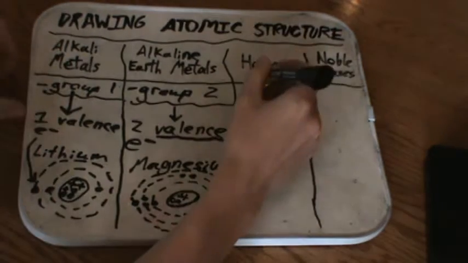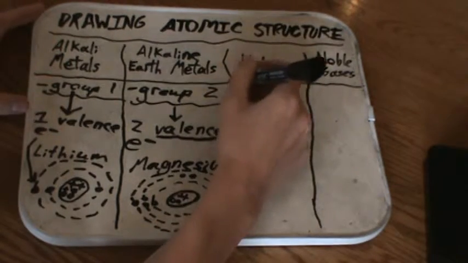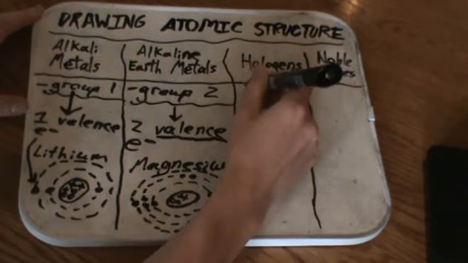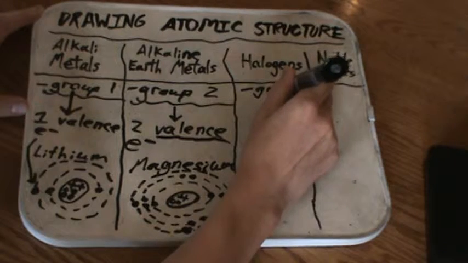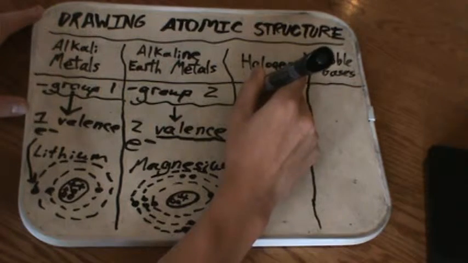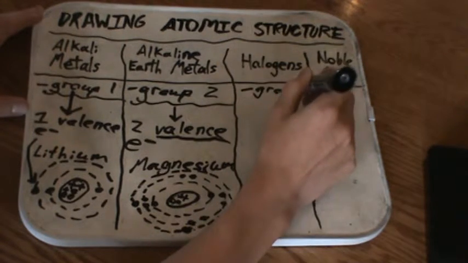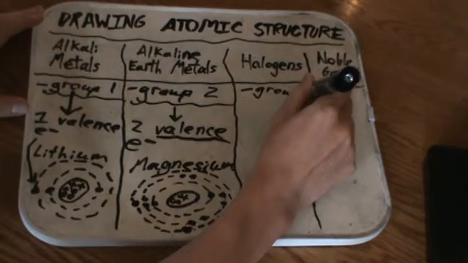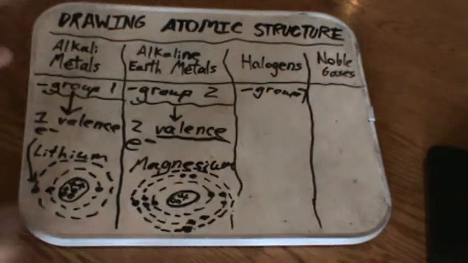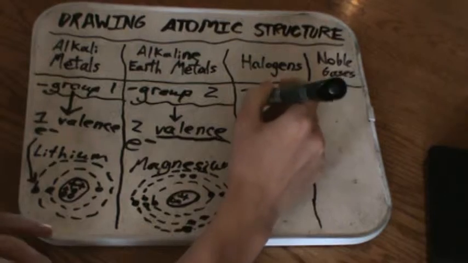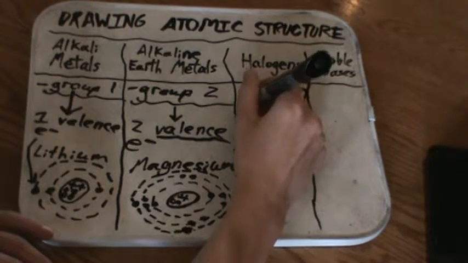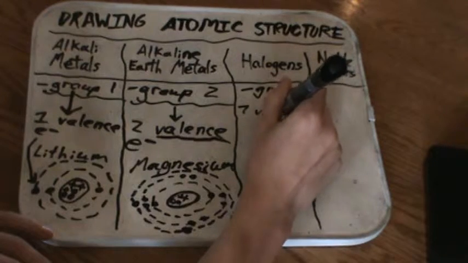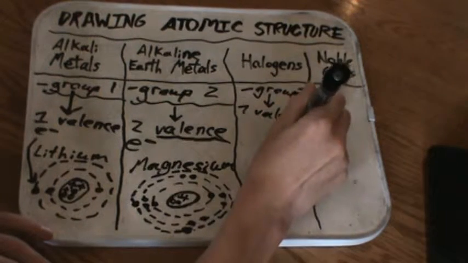So now let's examine. We're done with alkaline earth metals. Let's examine the halogens. Halogens are group 7. There are group 7 elements, and they correspond therefore with 7 valence electrons.